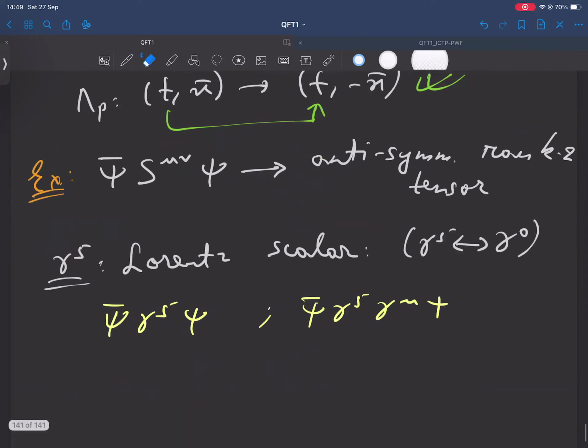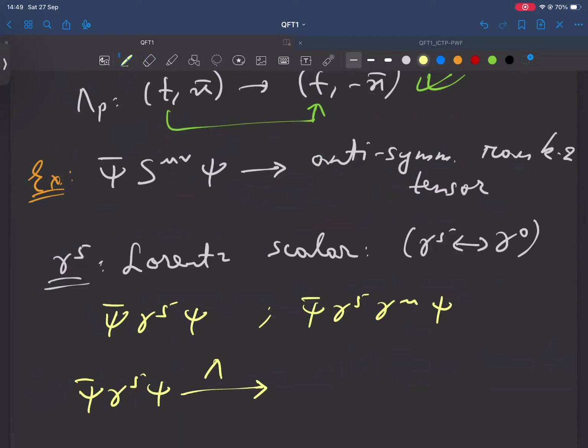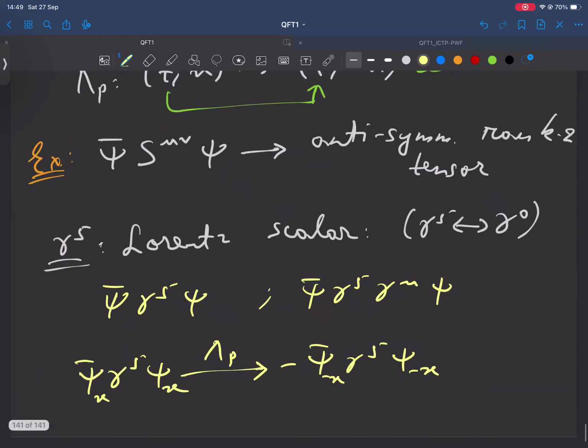You can show that psi bar gamma 5 psi transforms under parity as minus psi bar gamma 5 psi. So these were x's and now these are minus x's. Note that this is different from how scalars transform.